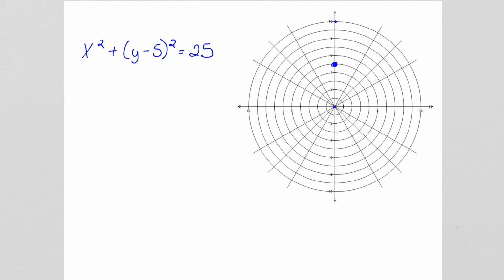It's kind of hard to picture your xy on here. Kind of tricks your eyes. But it'd be a circle that looks something like that. And that concludes this section.